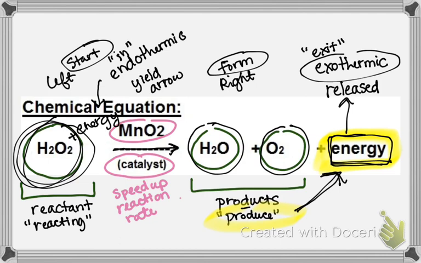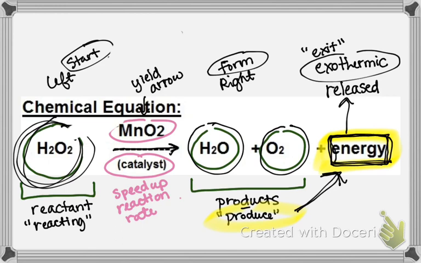So if we did see energy on this side of the reaction, then it would indicate that this chemical reaction is endothermic, meaning that heat and energy has to go in for the reaction to take place. But in this case, this is not an endothermic chemical reaction. This is actually an exothermic reaction, and we can see that with the indication of energy being created.